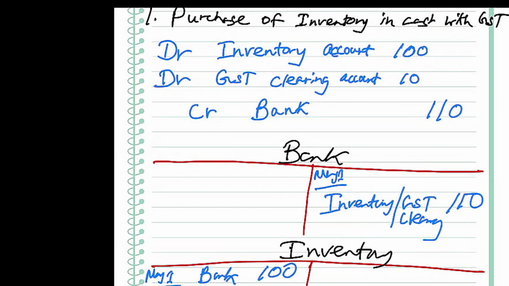Can you write GST slash inventory? No. Wrong. Don't write like that. Why? Because what is more important is inventory. That's the amount contributing the most. The majority of the amount is coming from the inventory. So inventory is the important one. Inventory slash GST. Okay? 110. Make sense? Let's start question number 2.